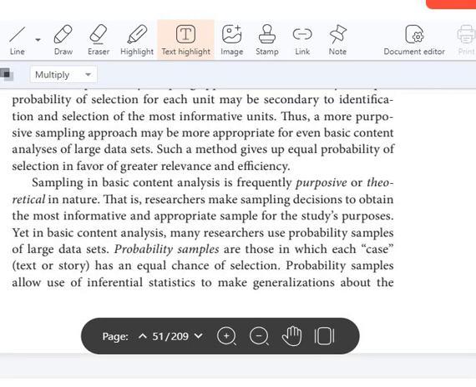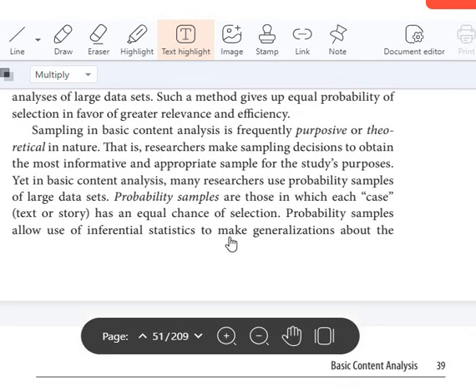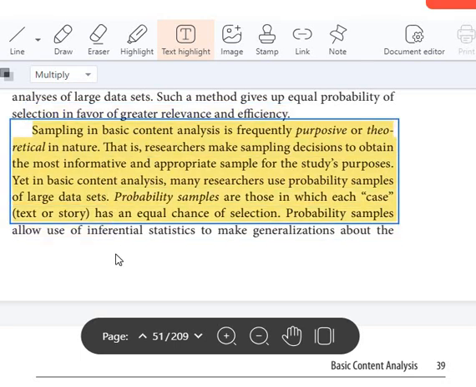Sampling in basic content analysis is frequently purposive or theoretical in nature. So, what kind of samples should I depend on while doing basic content analysis? Probability or non-probability, like the purposive? The purposive are considered non-probability samples, right? So what is the best solution here?